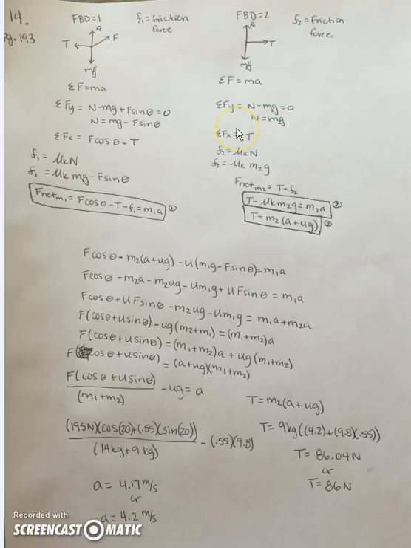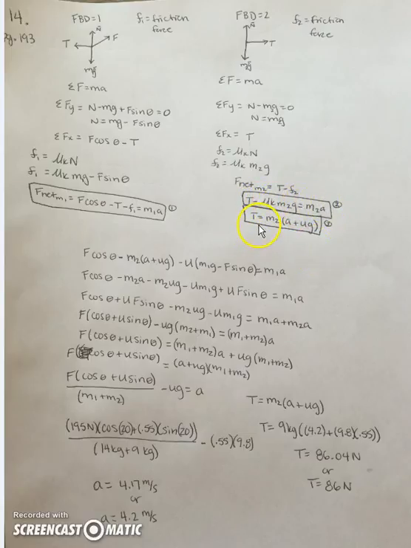The summation of the forces in the x direction is just the tension and the frictional force for the second mass, which is mu sub k N, and N is m2g, so we plug that in. F net of m2 is equal to T minus f2, and when we plug in f2, we get T minus mu sub k m2g is equal to m2a.